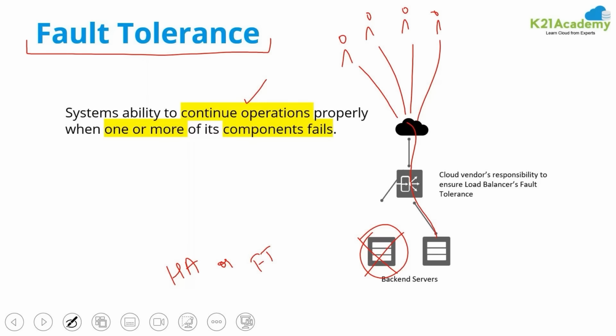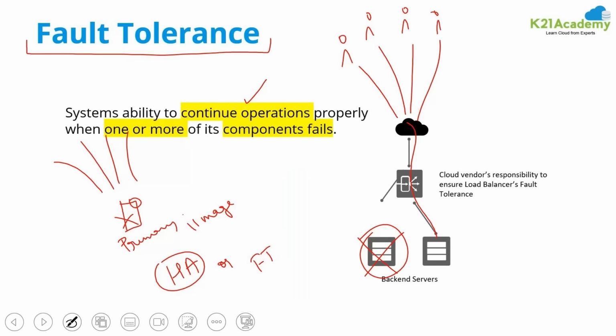When I say high availability, it is like you are having one server, which is your primary server. All your users are coming onto this server. If this server crashes, you have the image of this server available with you. From that image, you will create a new server, and then the users will be forwarded to it.